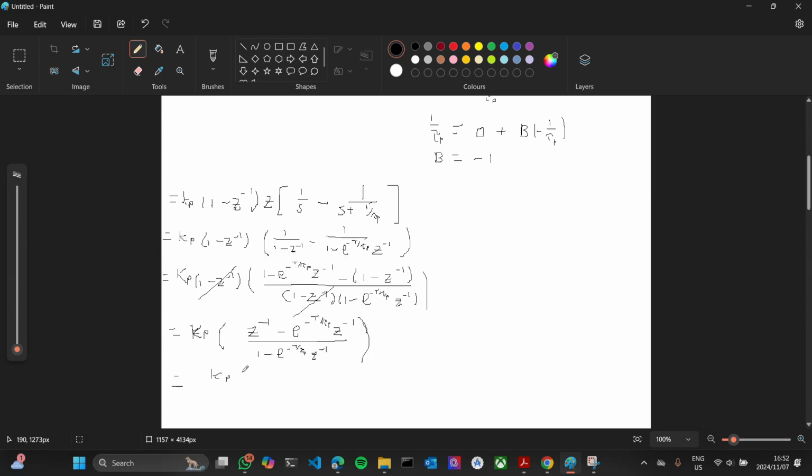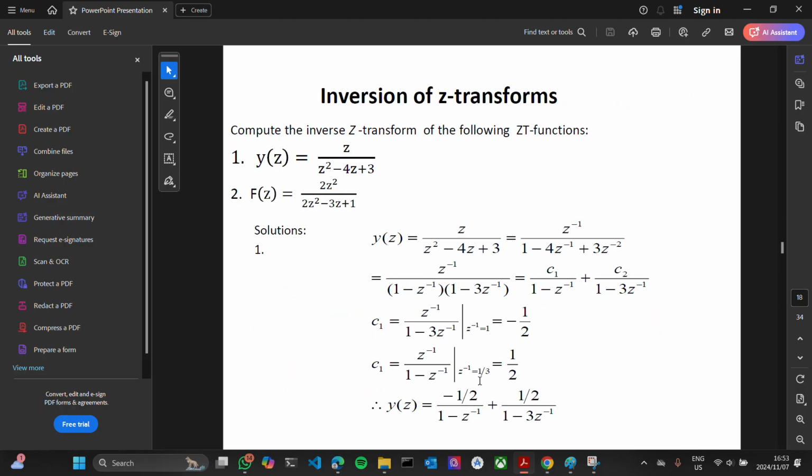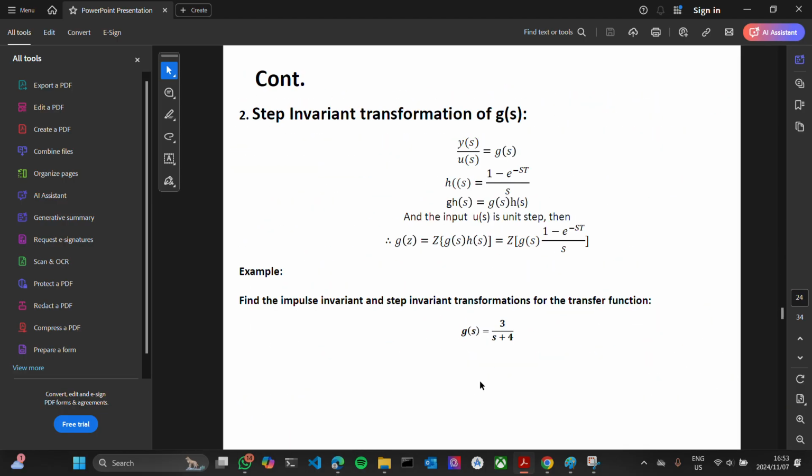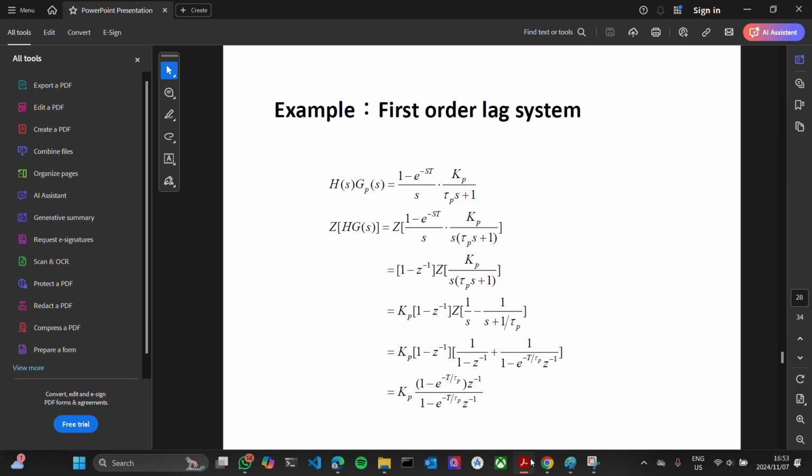So it's that (1 minus e to the minus T over tau p) times z to the minus 1 over (1 minus e to the minus T over tau p z to the negative 1). And that is what you've got here.